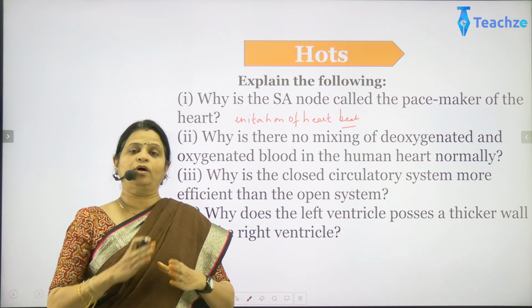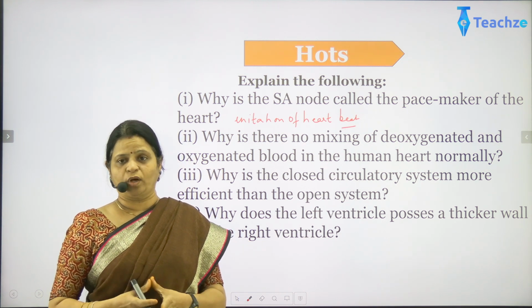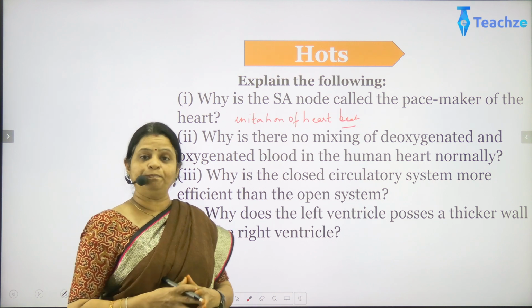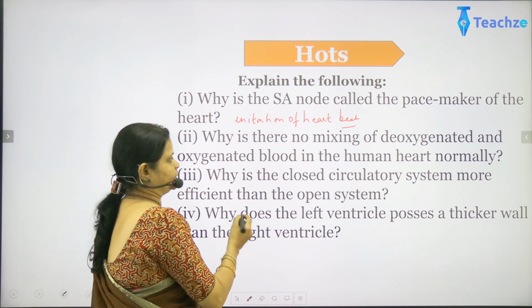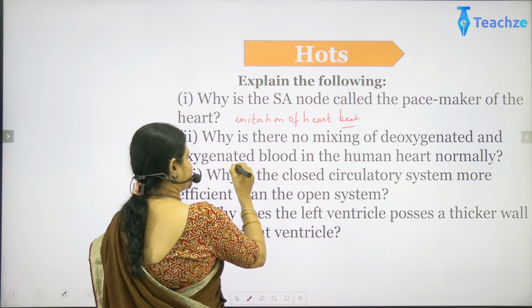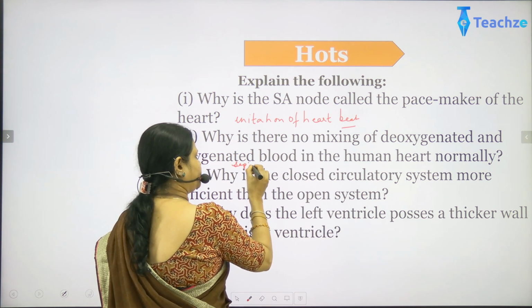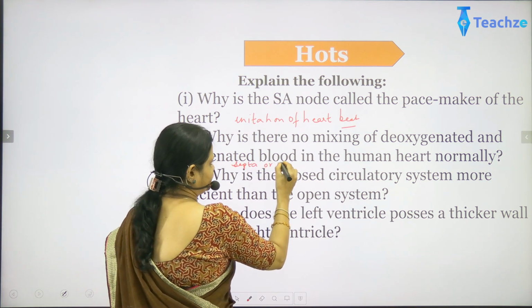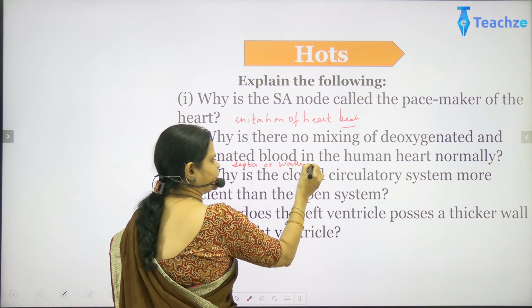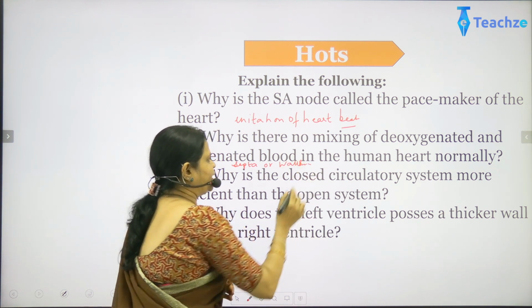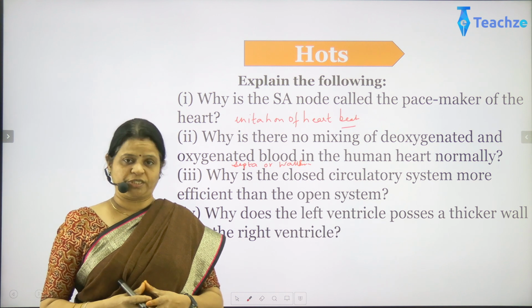That is because they are covered by numerous septa and walls, so that the heart is completely divided into 4 chambers. So you can write it as the septa or the walls which help you to do this.